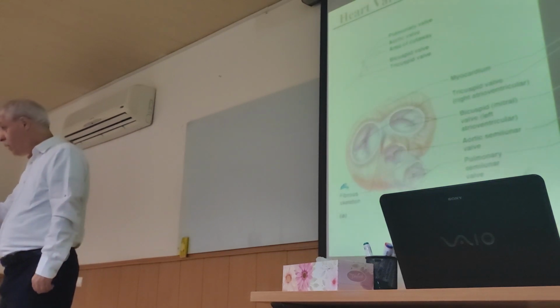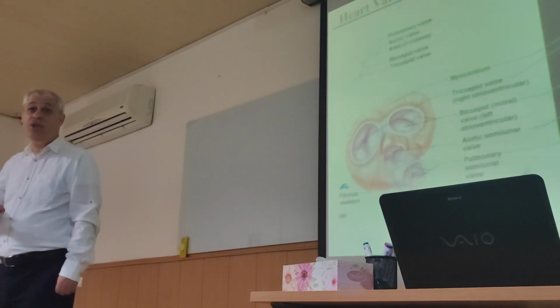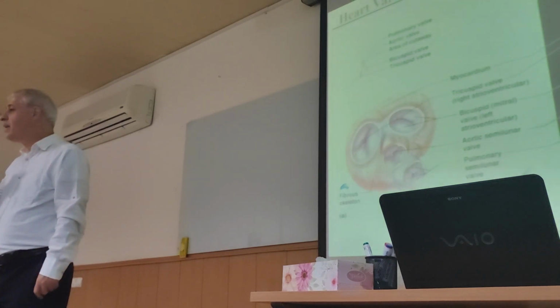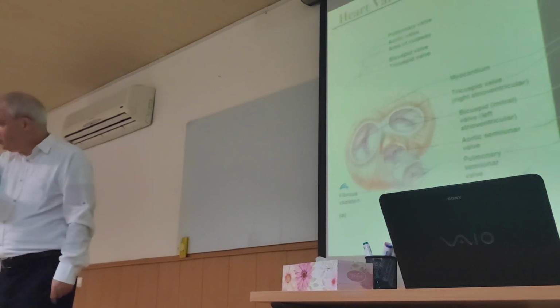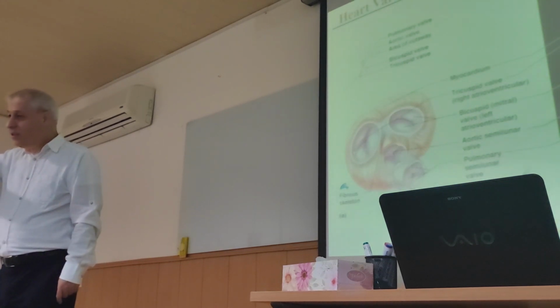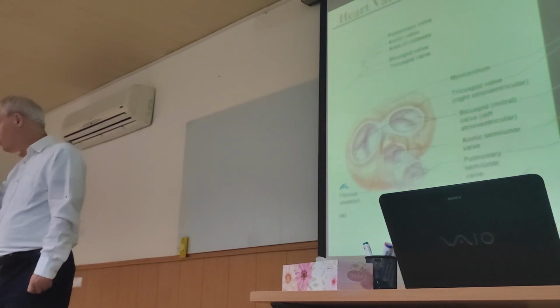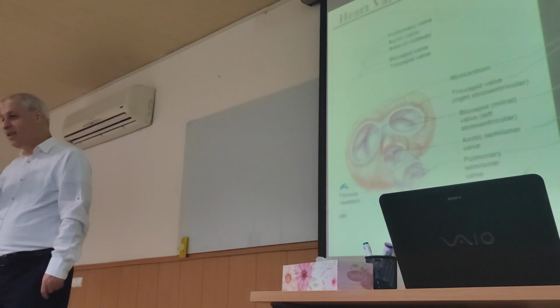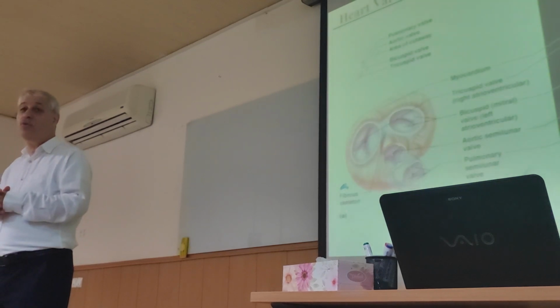There is a groove between atria and ventricle, the atrioventricular groove. It circles around this groove, and this is called the left circumflex artery. The other one, which is branching off from the left main coronary artery, is called the left anterior descending, in the interventricular groove.